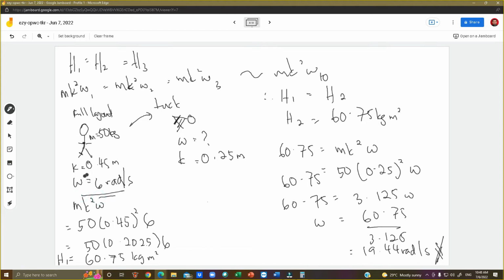Velocity of rotation during layout is 6 and velocity of rotation during tucking is 19.44. Apa maksud dia? Maksudnya yang ini berpusing macam ni, lembab. Yang ini berpusing macam ni, laju dan banyak. Itu maksud the difference. Okay. So since dia laju dah banyak, the radius of gyration is lesser compared to layout phase. Okay, so that will be some of the example.